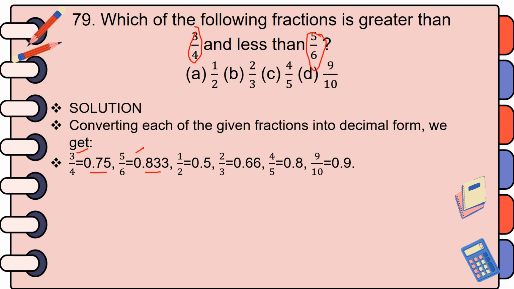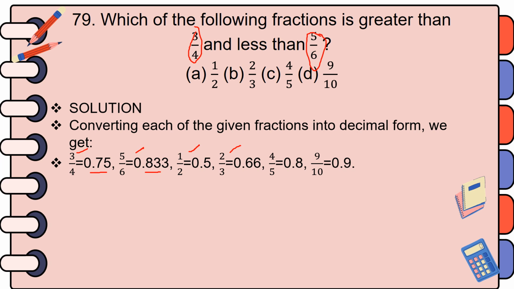So first again, let's find the decimal form of each fraction in the choices. 1 over 2 means 0.5. It is not in between 0.75 and 0.833. Again, 2 over 3 means 0.66, and it is not in between 0.75 and 0.833.